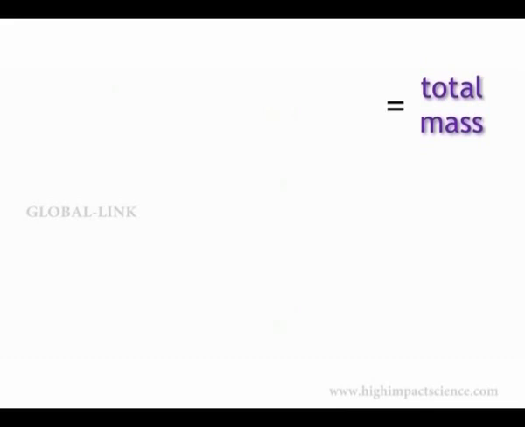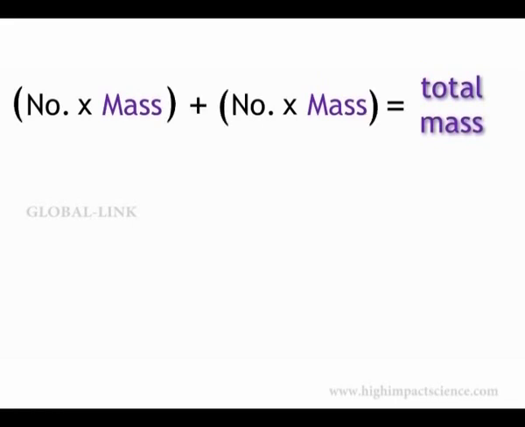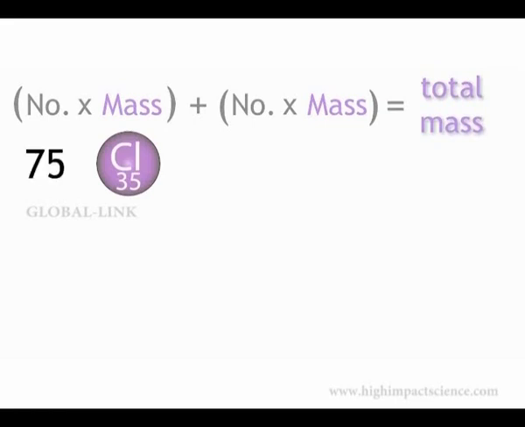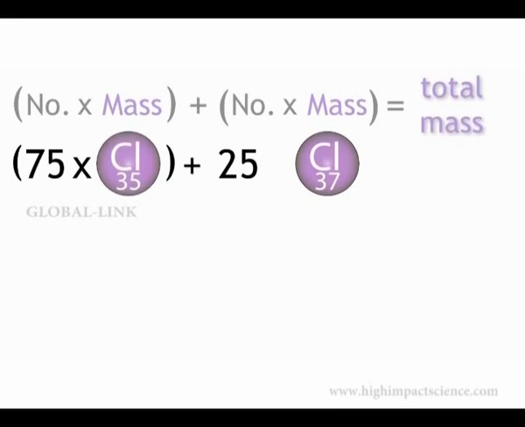We do this by multiplying the mass of each atom by the number of atoms present for each isotope. Then we add them together. Chlorine-35 has 75 atoms and chlorine-37 has 25 atoms. So the mass of 100 atoms will be 75 times 35 plus 25 times 37, which gives us 3,550.